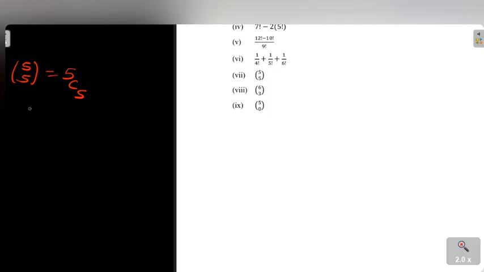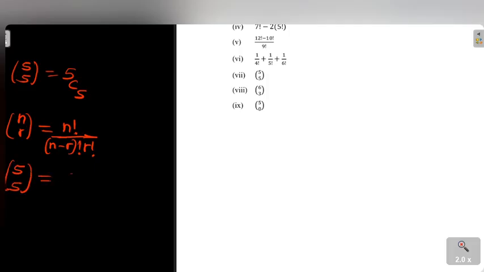For us to evaluate this, we know that the general formula for n combine r is n factorial over n minus r factorial, then r factorial. Now n will be 5, then r will be equal to 5. This will be 5 factorial over 5 minus 5 factorial, then 5 factorial.